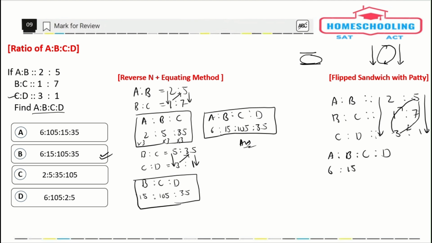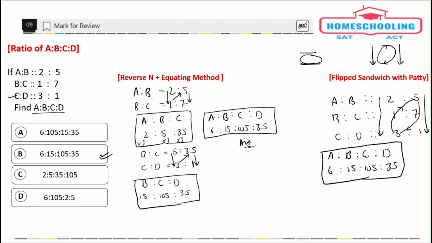For C, we will take this one. So 5 into 7, 35, and into 3, 105. And for D, it will move in the direction 5 into 7 into 1. So 5 into 7, 35, 35 into 1, 35.